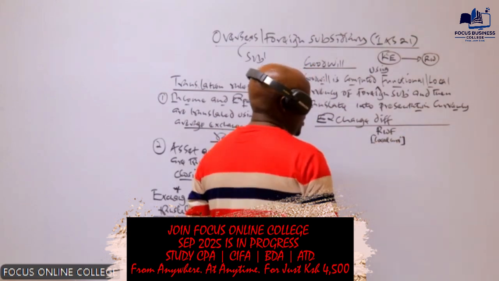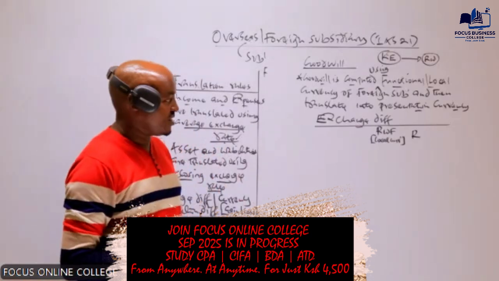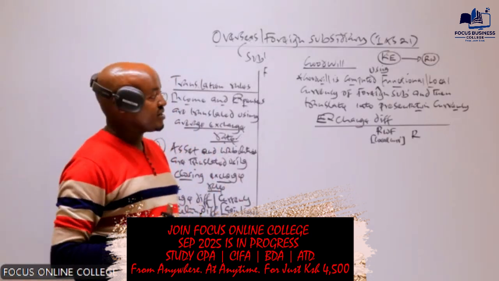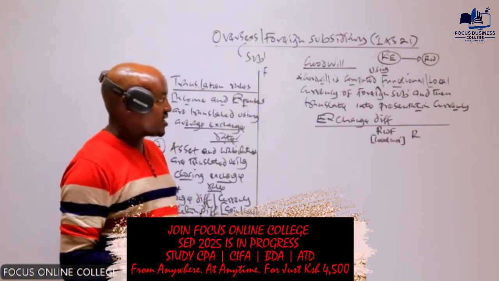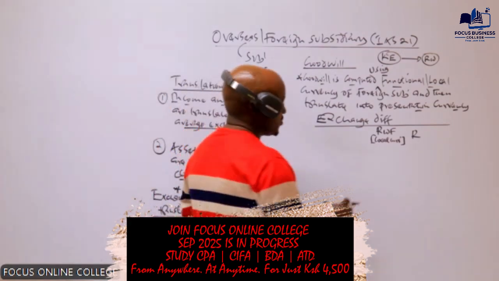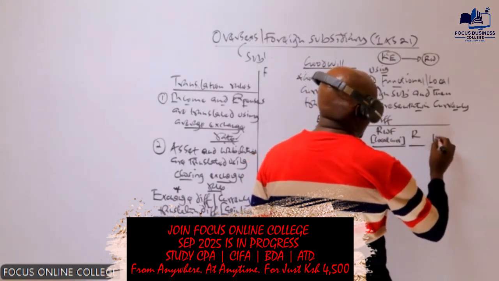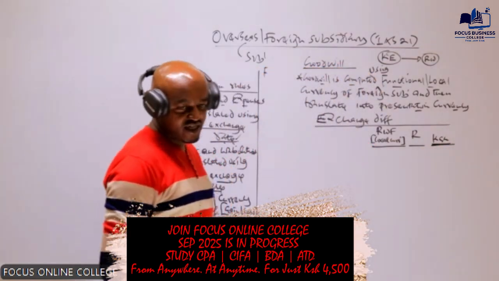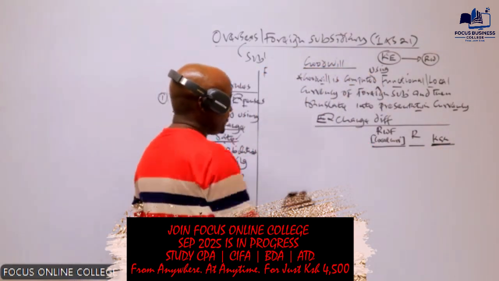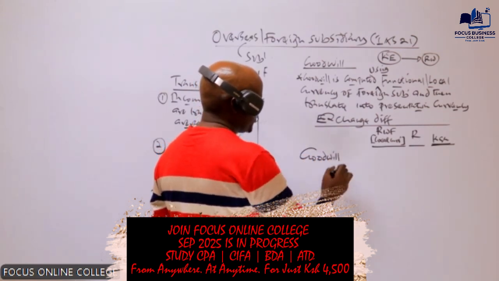We have a column for the rate of exchange. You'll be given the exchange rate between Kenyan shillings and the Rwandan franc. And then here we translate that into presentation currency, which is the Kenyan shilling.